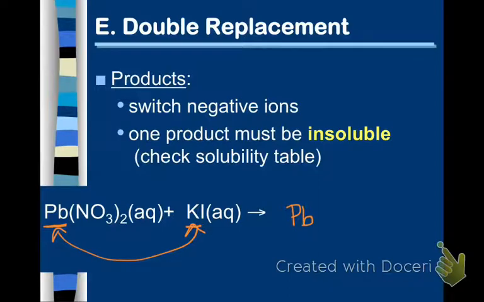Now, lead has what charge in that first compound? 2 plus. So it will carry that 2 plus over to combine with iodine. Iodine has what charge? 1 minus. So when you cross over charges, what's your compound formula? PbI2.